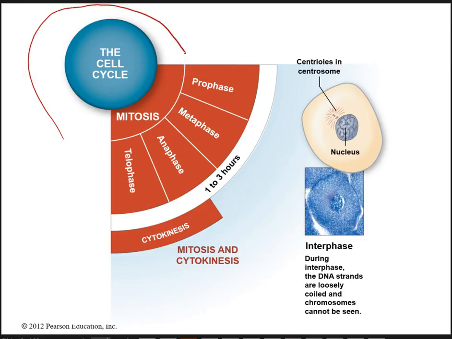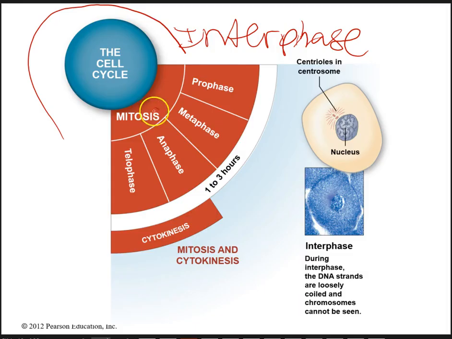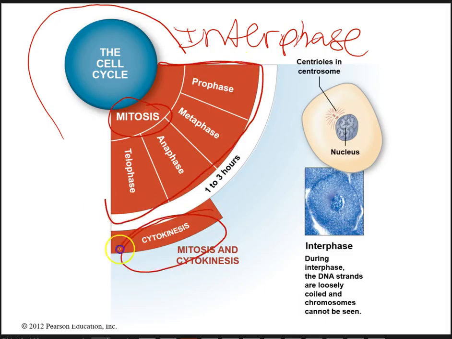So most of the time the cell is in interphase when it is not dividing. The actual division of the genetic material, which is mitosis, you see here, and then cytokinesis, which is the physical splitting of the cell, I said starts during mitosis and then continues.